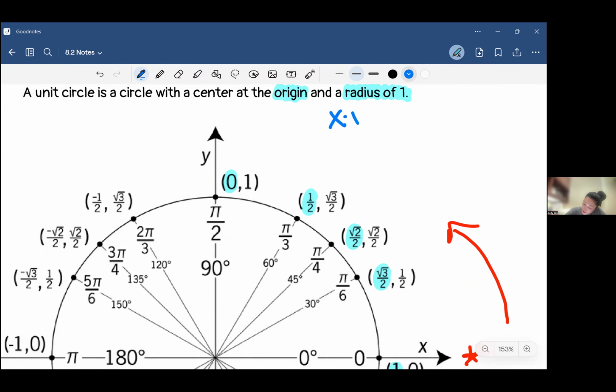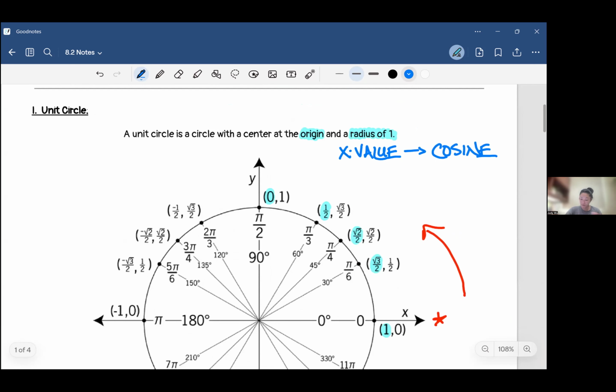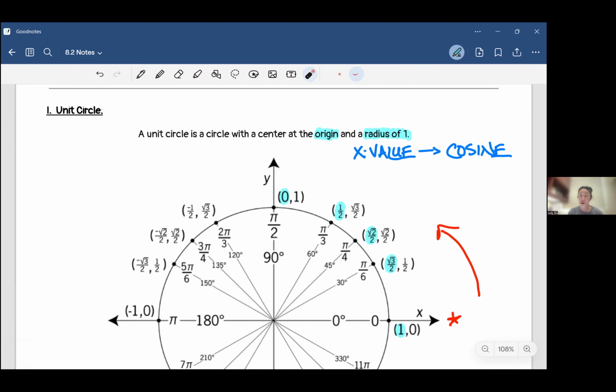Those x values, as it turns out, are where we find cosine on our unit circle. For example, if I said I want to know cosine of 90 degrees, then I would find 90 degrees on my unit circle, and then I would find the x value that's there. Since the x value is 0, it means that cosine of 90 is 0.